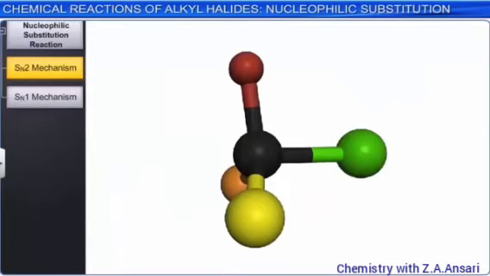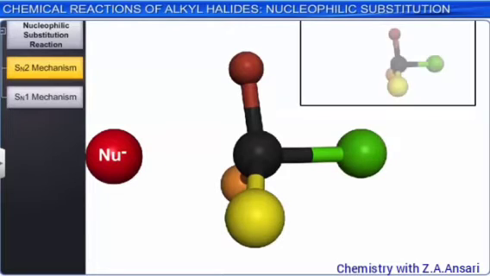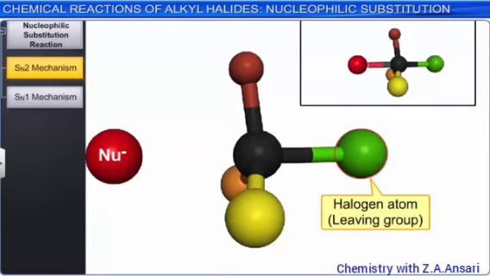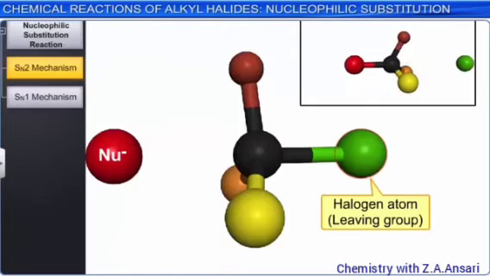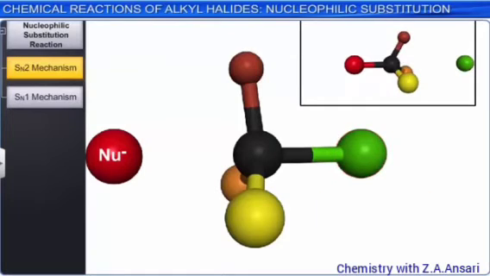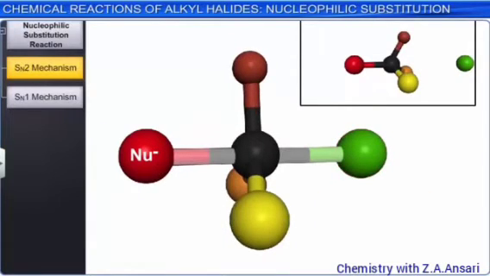In the SN2 mechanism, the nucleophile attacks from the back of the molecule, on the opposite side from the halogen atom, the leaving group in this reaction. The leaving group leaves simultaneously. This is described as a concerted mechanism.